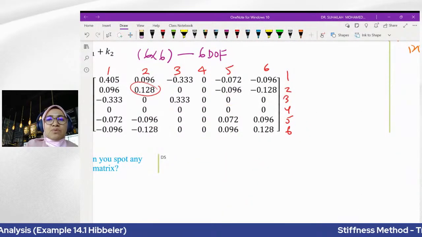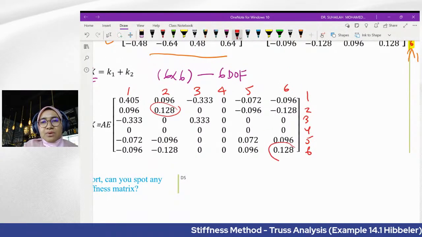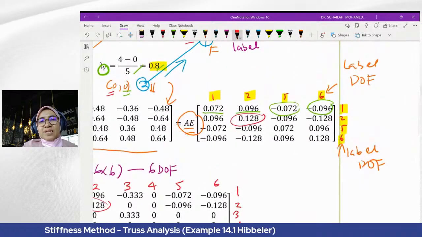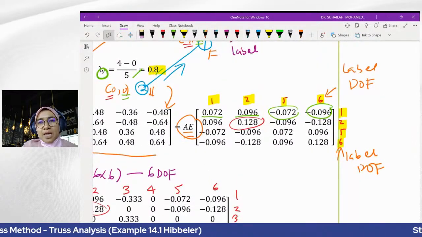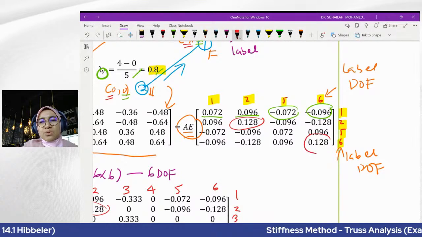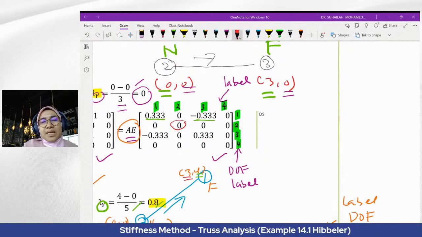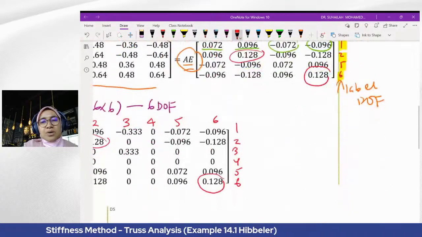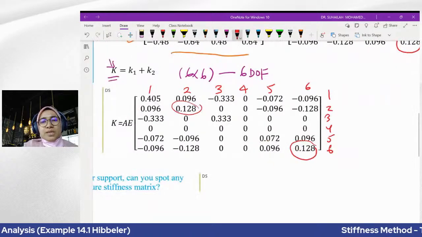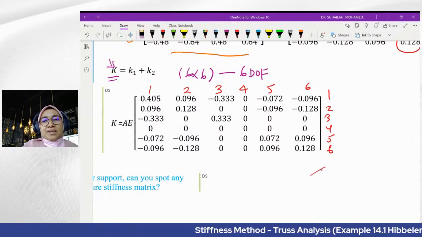If you want the value for position 6, 6, find 6, 6 in K1 and K2. The 6, 6 position in K2 equals 0.128 and there is no 6, 6 in K1, so it is equal to 0.128.